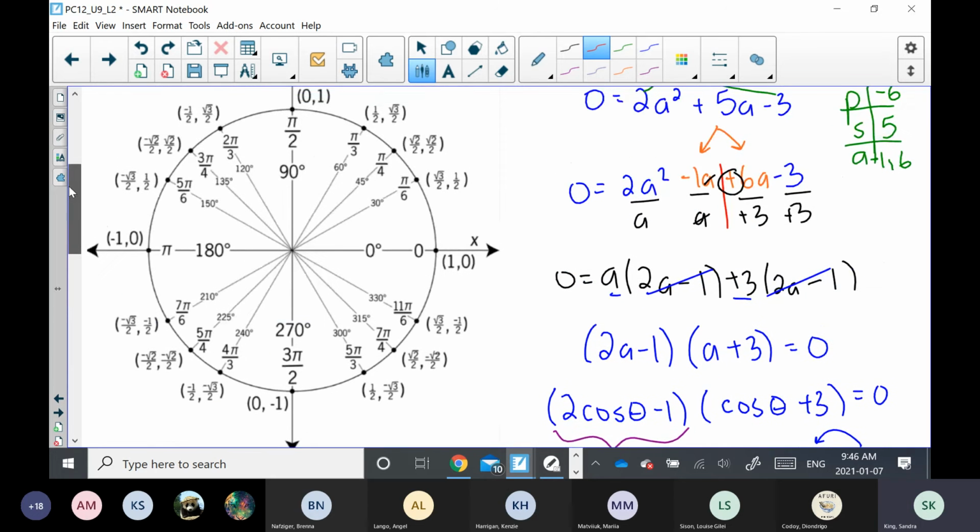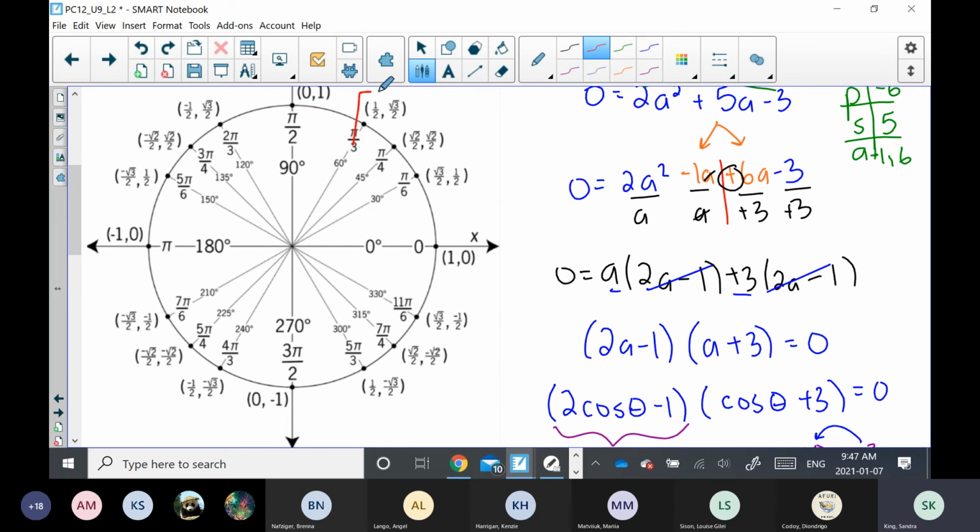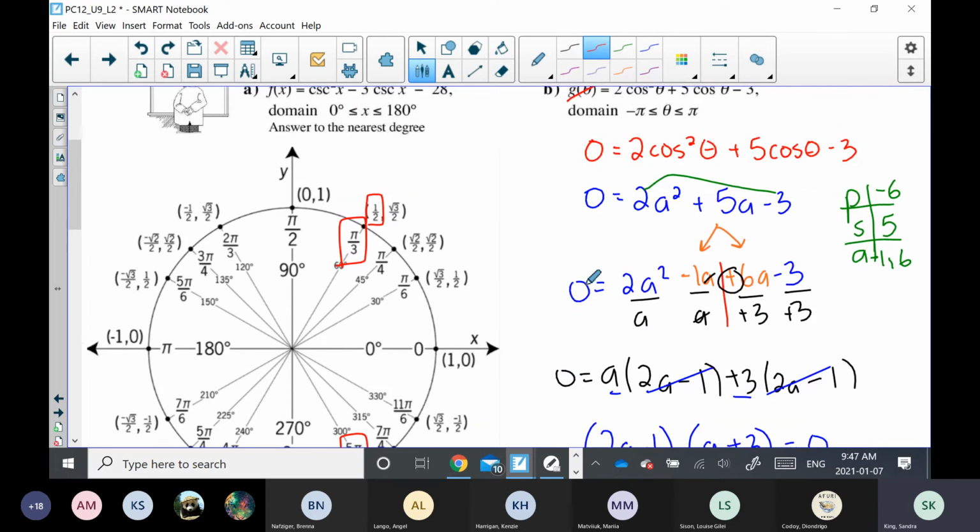I would go to my unit circle and I would say at pi/3 and at 5 pi/3, right? So normally that's what I would do. If I didn't have a domain restriction, I would say my answers are x is pi/3 and 5 pi/3.